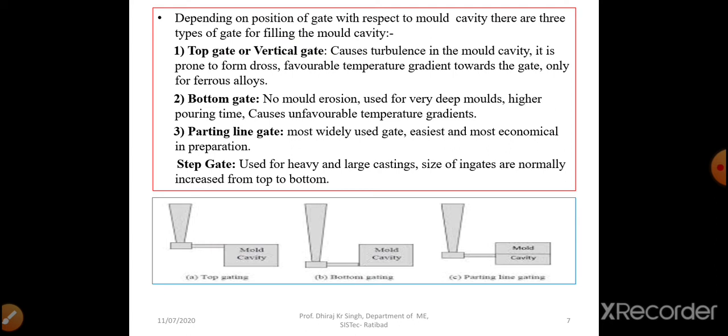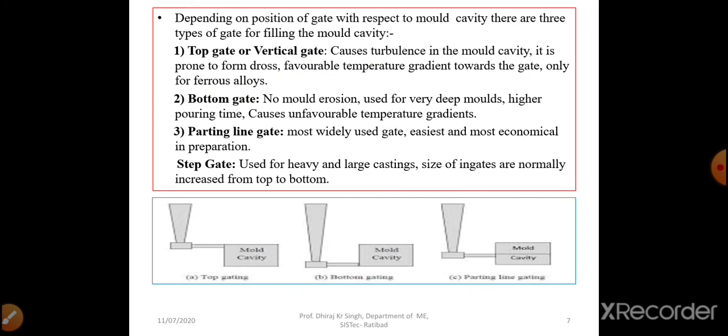When it comes from the top, it will strike the bottom of the mold cavity and try to erode some portion of it. So it causes turbulence in the mold cavity. It is prone to form dross, with a favorable temperature gradient towards the gate only for ferrous alloys.